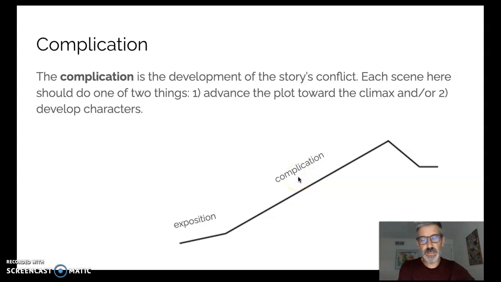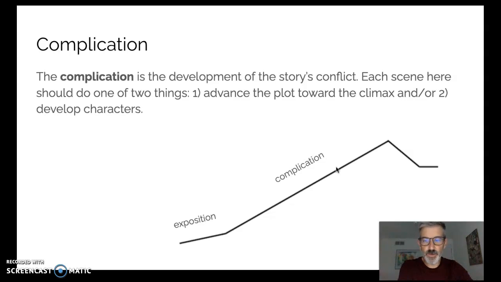The first thing is that all these scenes along this line should lead us to this third part. You probably already know that this third part is going to be the climactic moment in the story. So all of these scenes should lead us to that point. And if they don't, the second thing they should do along the way is help develop character. Those two things are really crucial during the complication.